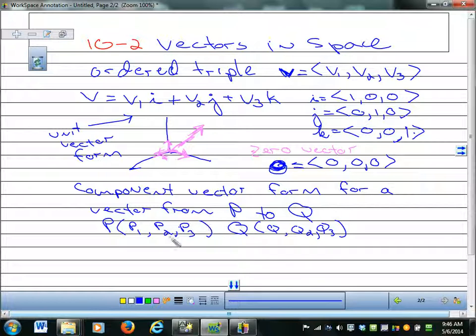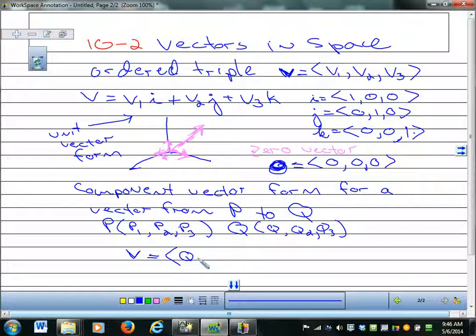The way you get the component form of the vector v is equal to its parts, which are just up here, v1, v2, and v3. But to write it, if you go from point P to Q, the way you get that vector is by subtracting.